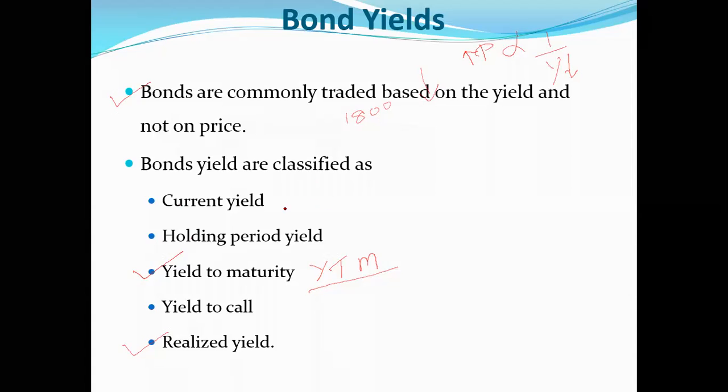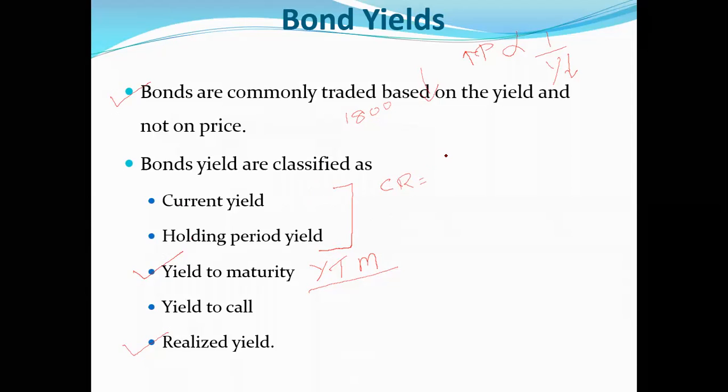Now, this might look a bit confusing, but it is very simple to understand. Just for a moment, forget that we are studying bonds. If we were studying the share market and I asked you to calculate the current return of a share, how will you do it?